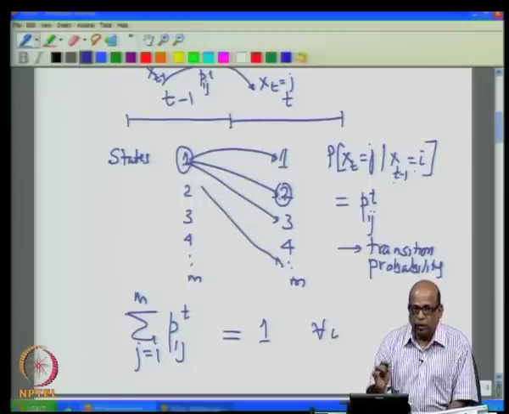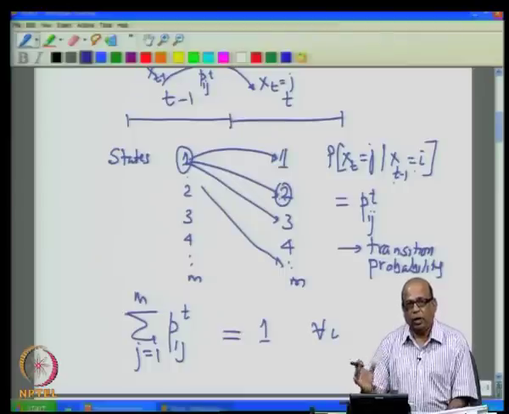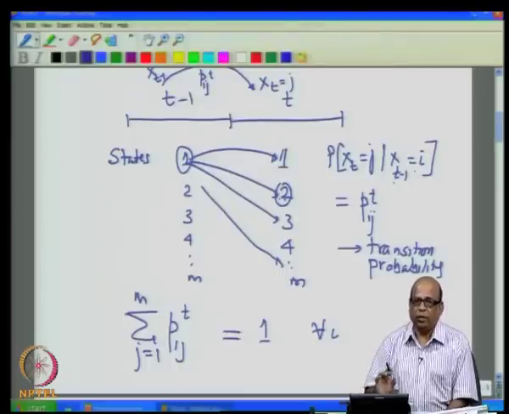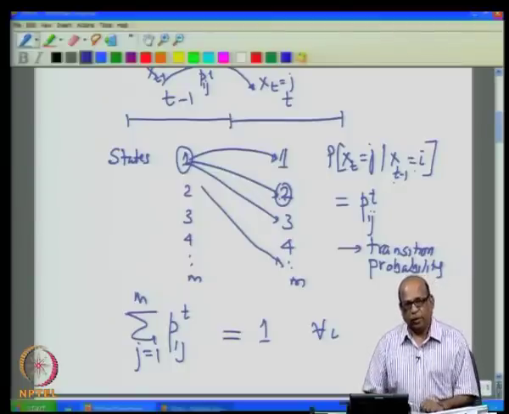So, associated with every time period, associated with every class interval i, we have the p i j t's available to us. How we compute them is a different story.